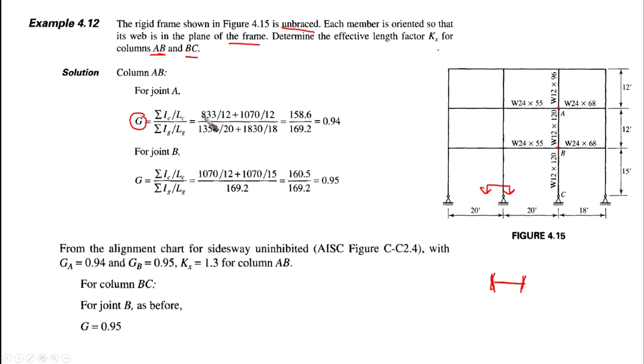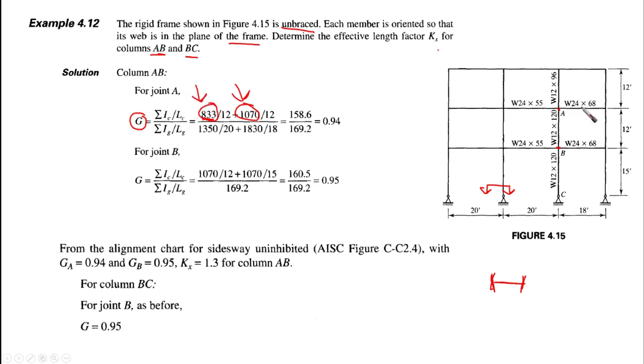Here, we're talking about all the columns framing into point A. So we have wide flange 12 by 96, and here wide flange 12 by 120. We can obtain these I, or the inertia, from the dimensions and properties table. Easy for us to obtain it.